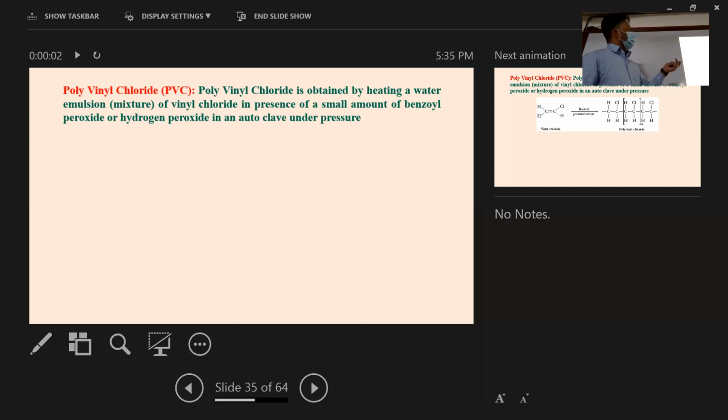Polyvinyl chloride is obtained by heating a water emulsion or mixture of vinyl chloride. Anyone can write down the structure for vinyl chloride? Okay.